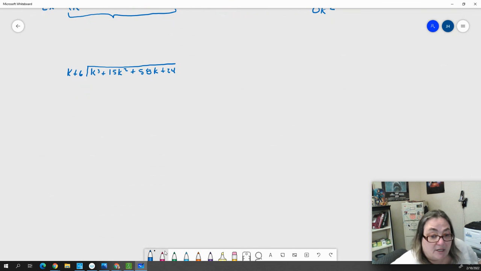And so what we're going to do is look at this k right here, and say, what do I have to multiply it to get k cubed? What would I have to multiply k times to get k cubed?